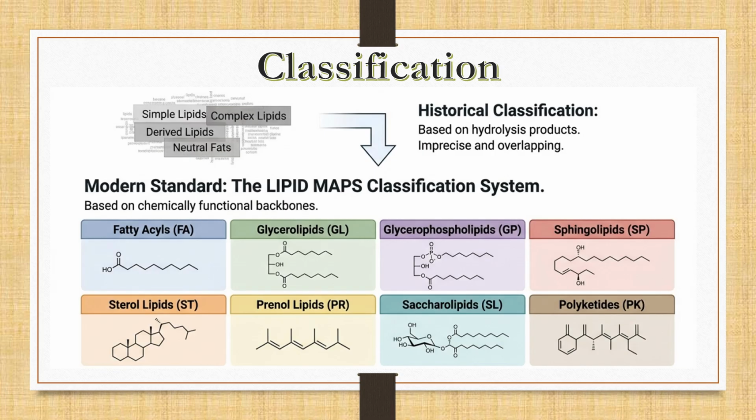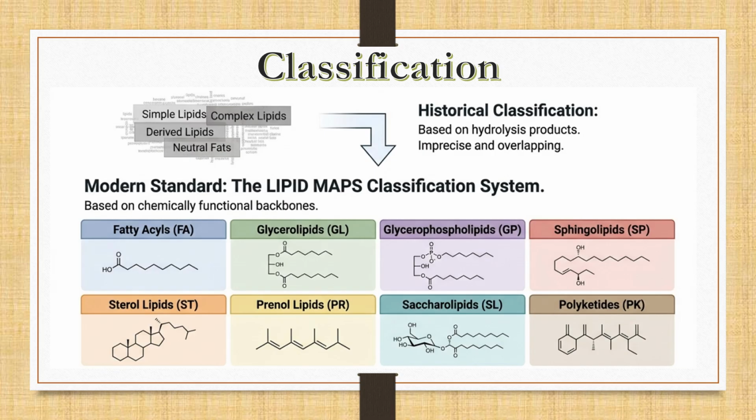Although this historical system is helpful for introductory learning, it has important limitations. The categories often overlap, lack chemical precision, and cannot adequately accommodate the large number of newly discovered lipid species. Most importantly, it is not suitable for modern lipidomics and systems biology.